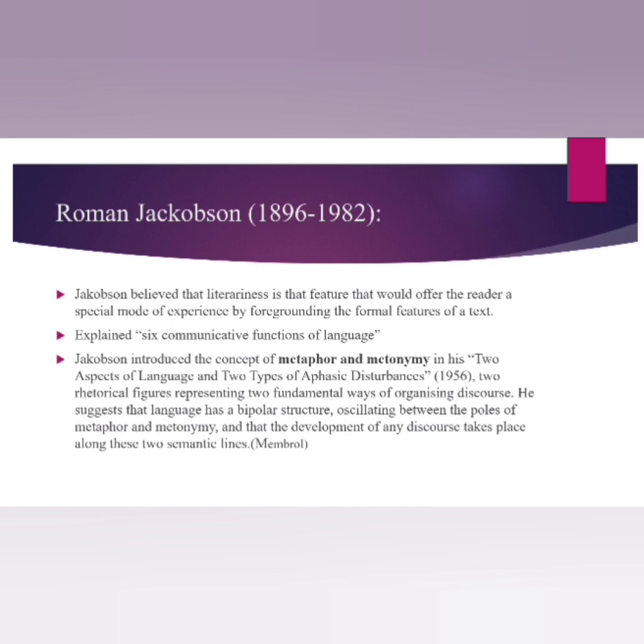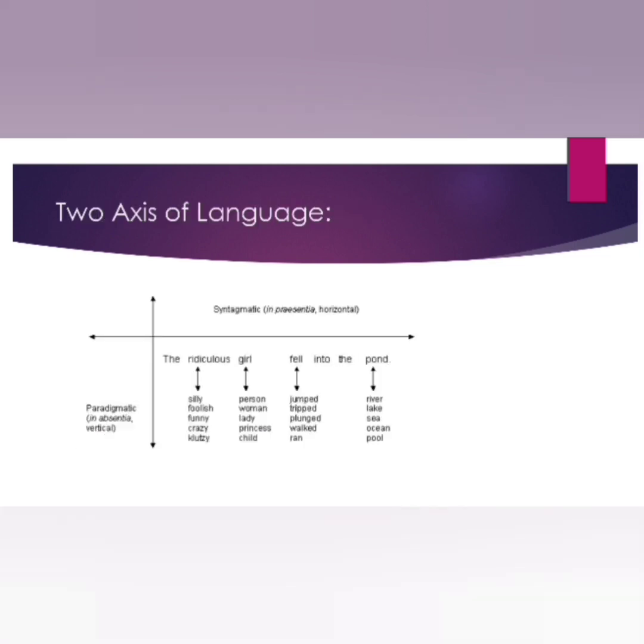The syntagmatic one is the horizontal axis, and the paradigmatic one is the vertical axis. In the syntagmatic axis, the words are associated with each other on the basis of their relation, while in the paradigmatic relation, the words are substituted against each other on the vertical axis.